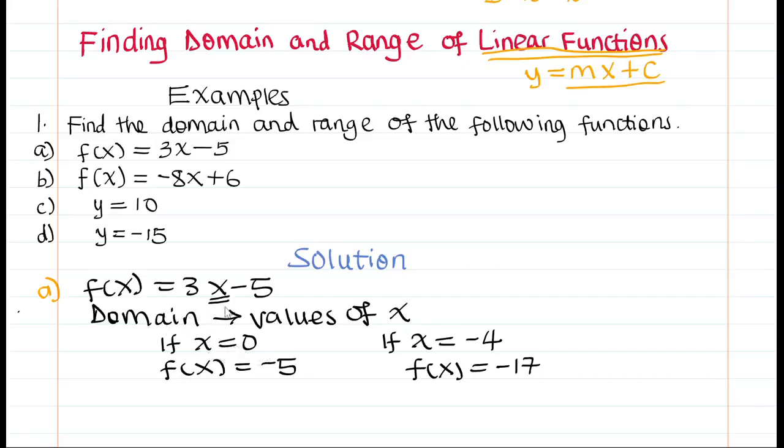As long as it is linear, any value of x that we substitute here will well define the function. So for any value of x that we put, there is a real value of the function f of x. So the domain here is going to be the set of all real numbers.